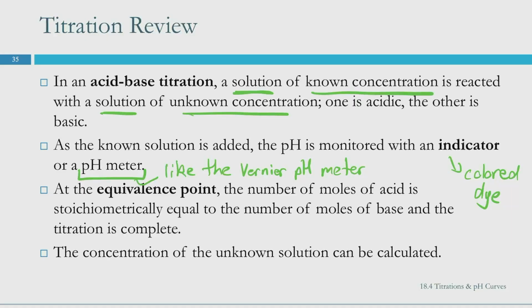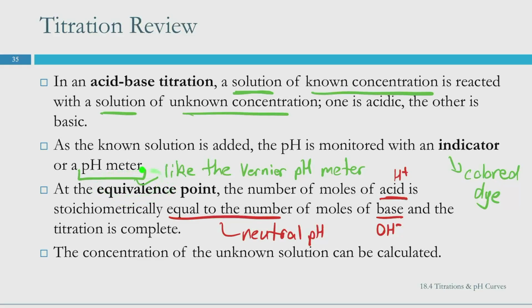When we get to the equivalence point, the number of moles of acid is stoichiometrically equal to the number of moles of base. And that means that we have a neutral pH, usually. And that's our titration endpoint, our equivalence point.